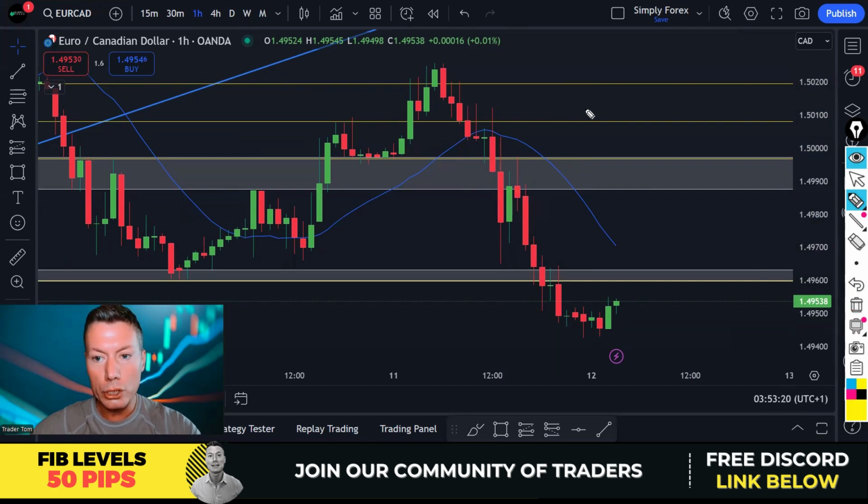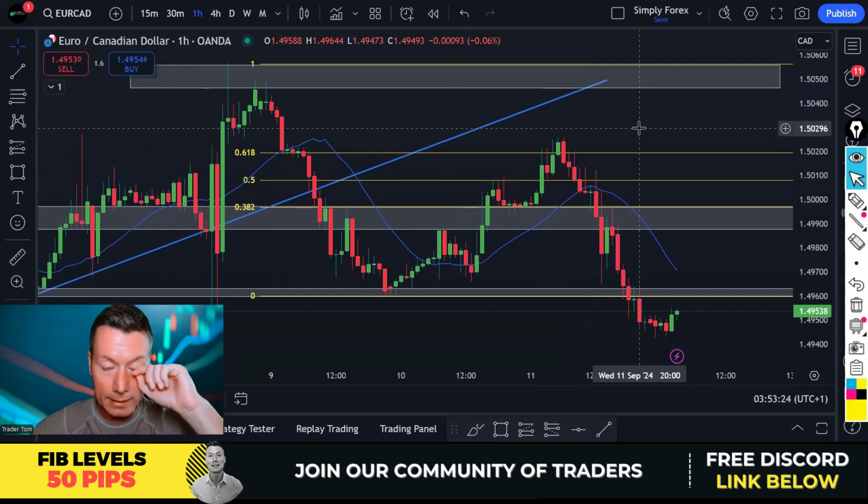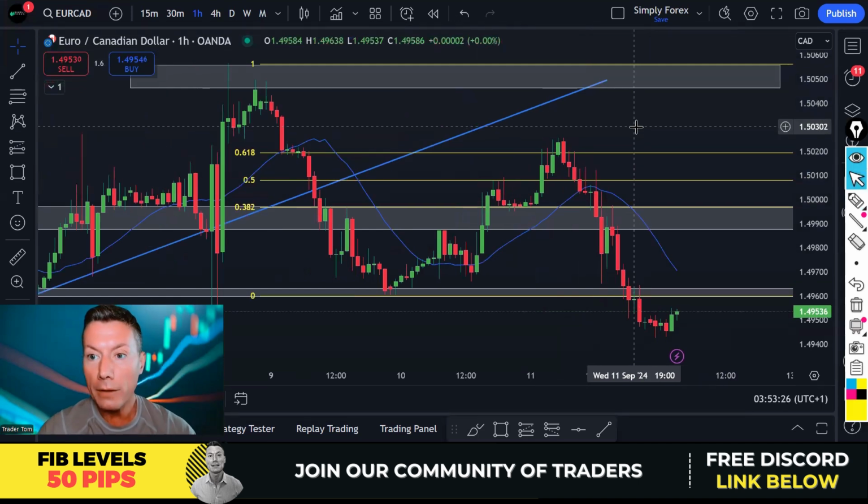So yeah, I just wanted to share that with you guys. Price action, you must understand that first of all. But if you want to use fib levels, they give you very good levels to trade from. And if you combine the two, price action with fib levels, then you're going to have a very powerful setup. And that goes with all indicators, guys, really.